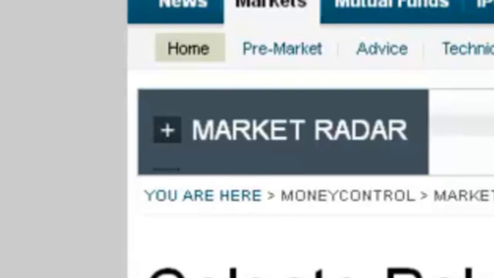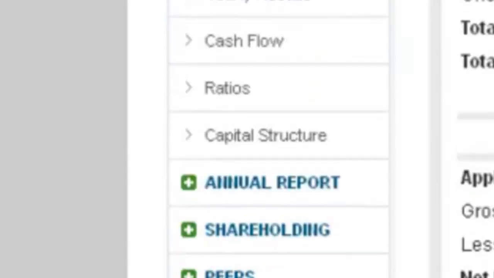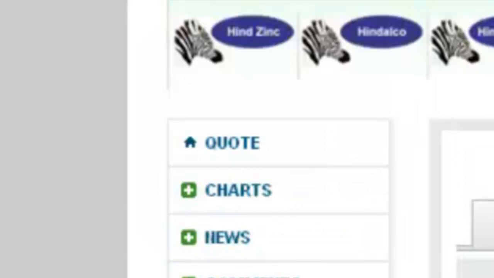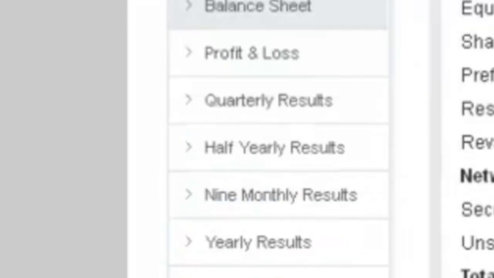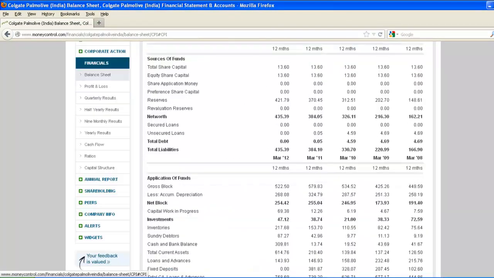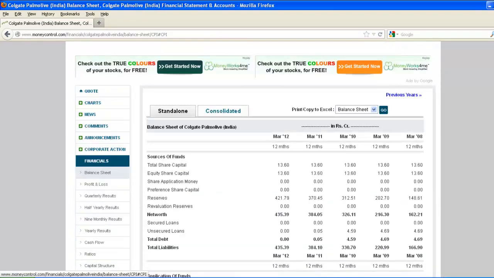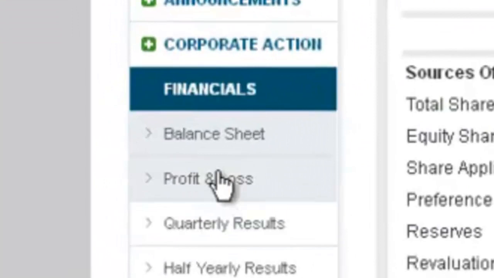Here is the data, balance sheet, profit and loss. Let's check whether the number of shares figure is in the balance sheet. No, it's not available in the balance sheet. So we'll go to P&L, click on P&L.